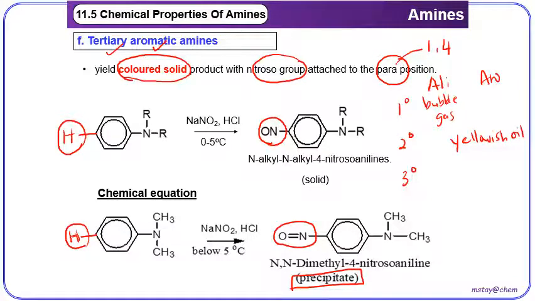However, for primary aromatic amine, we will not see bubble gas. While for the tertiary aliphatic amine, we'll get a clear solution. While for the tertiary aromatic amine, we will get a colored precipitate. So do remember the observations for the nitrous acid test.